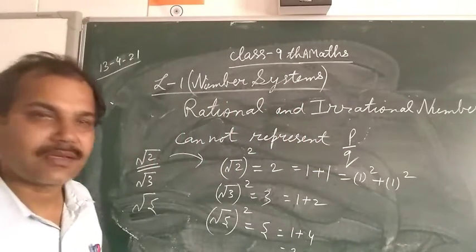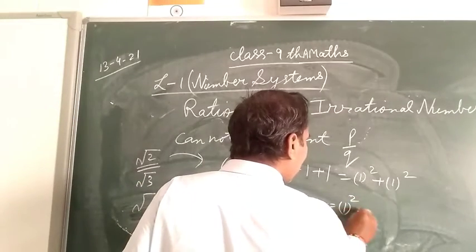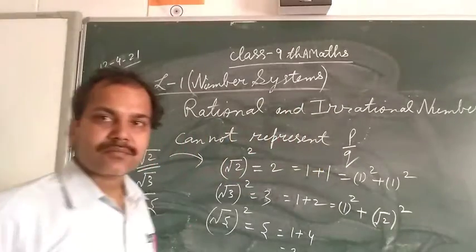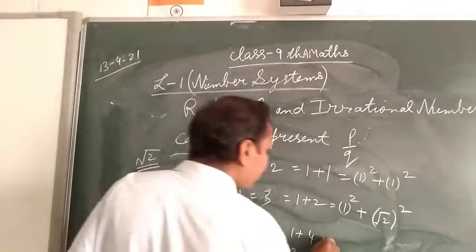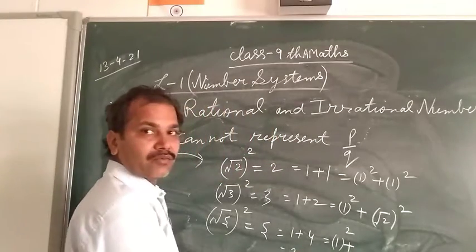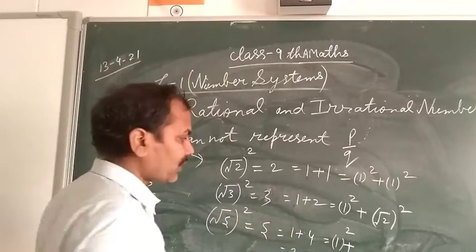For 1 plus 2, 1 square and under root 2 square. For 1 plus 4, 1 square and 2 square. The square root you know: in class 8 you studied how to find it.